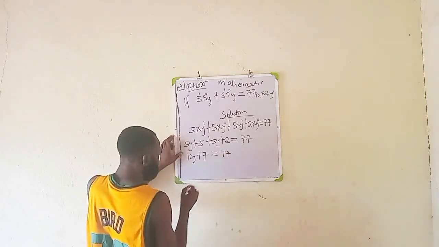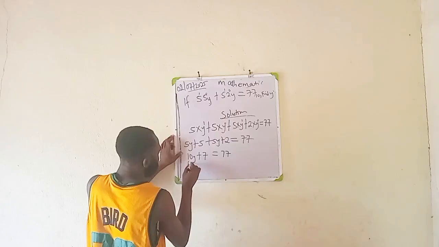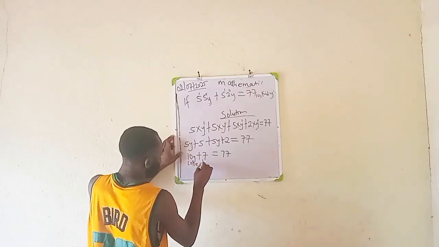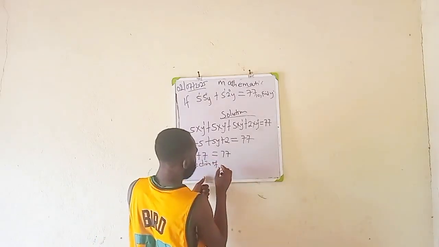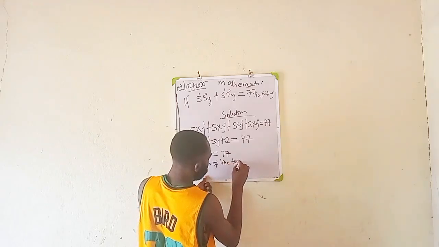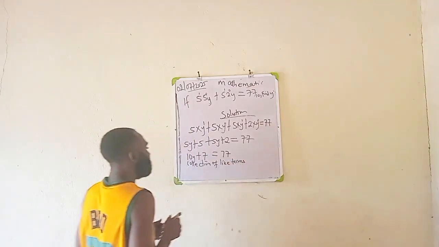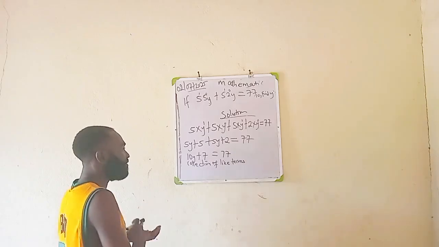And again, here we are going to collect like terms. Collection of like terms. So we separate the one with alphabet on one side, the variable.